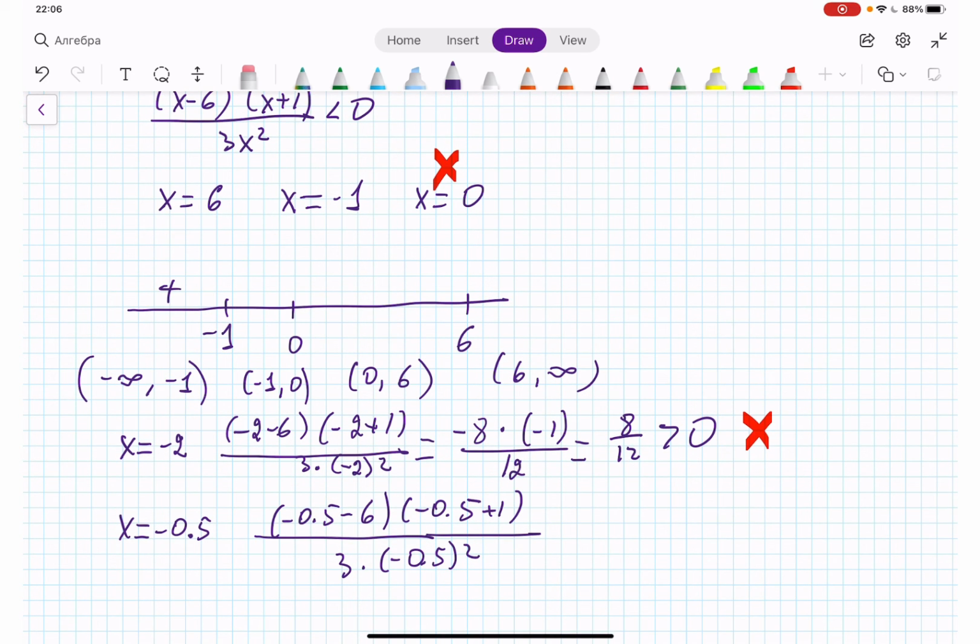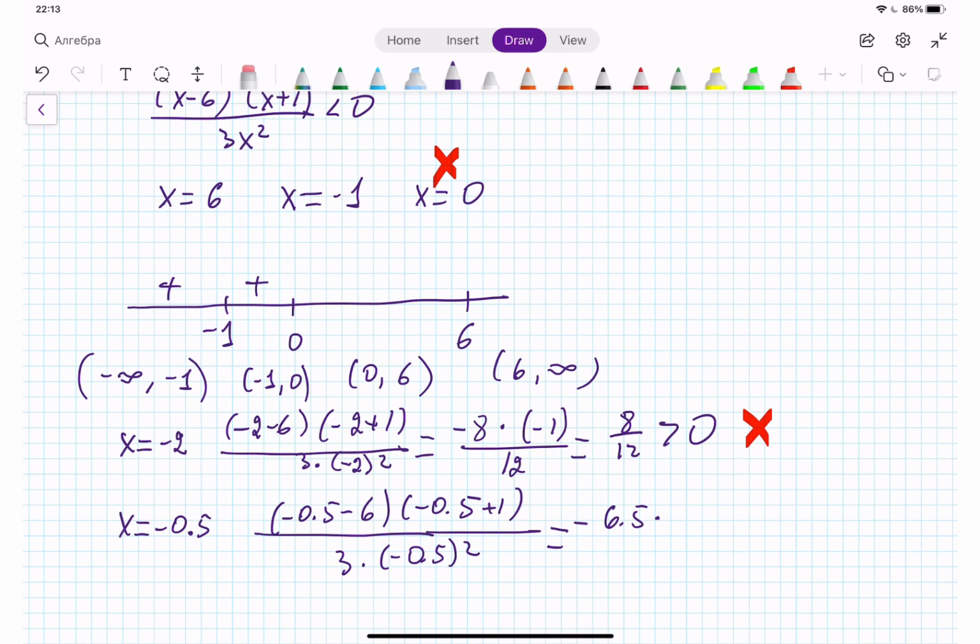This is going to be negative 6.5 and times positive 0.5 over 3 times 0.25. So here we are getting negative, here we are getting positive.